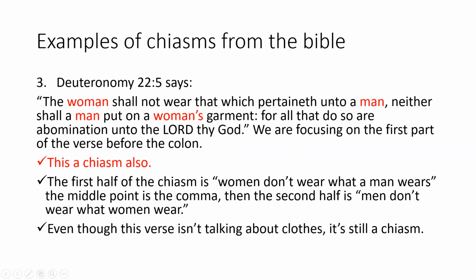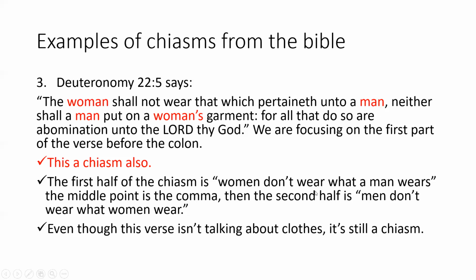I know this verse might not be talking about literal clothing, like how people dress, but I want us to see the chiasm in the structure of this verse. It's talking about woman, man, woman.